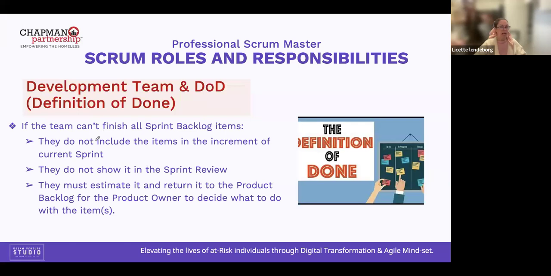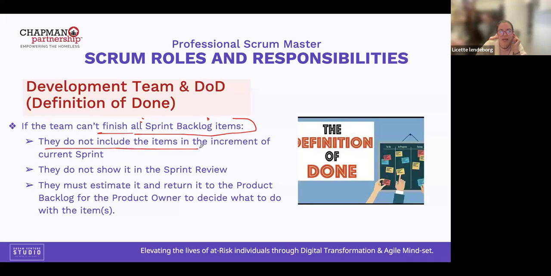If the team cannot finish all the sprint backlog items, remember the sprint backlog? What is the sprint backlog? Anyone? Yes, exactly. It's a subset of the product backlog. If we as a team said, okay, we're going to implement these 3 items in this sprint, however, oh my gosh, today's the deadline and we didn't finish, don't worry.